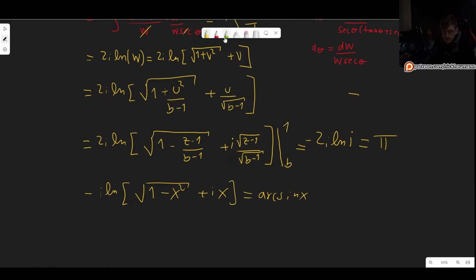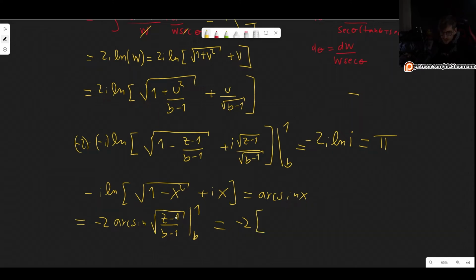So we can write this as minus 2 times minus i and all of this. By doing this, we now have minus 2 times the arcsine of, in this case, not x but the square root of z minus 1 over b minus 1, evaluated between b and 1. Evaluating the arcsine is a bit more intuitive than evaluating the natural log if you don't have a calculator.